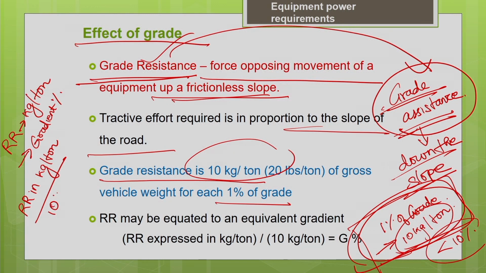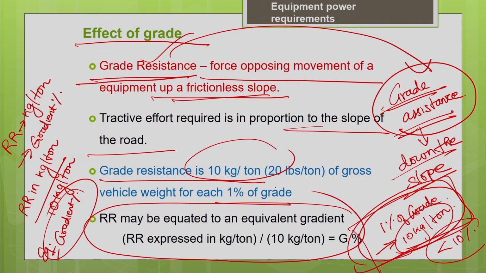So you divide it by 10 kg per ton, and you will get the equivalent gradient percentage. For your convenience, you can then have both the rolling resistance as well as the grade resistance in terms of gradient percentage.